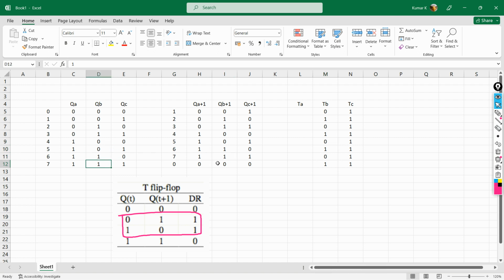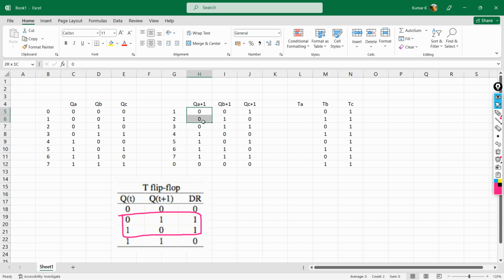Okay, so now looking at this excitation table, you are able to come up with the T flip flop, the next input that you should give. Got it? Now this is going to be 0 0 0 0 0 0, and only here 0 and 1.